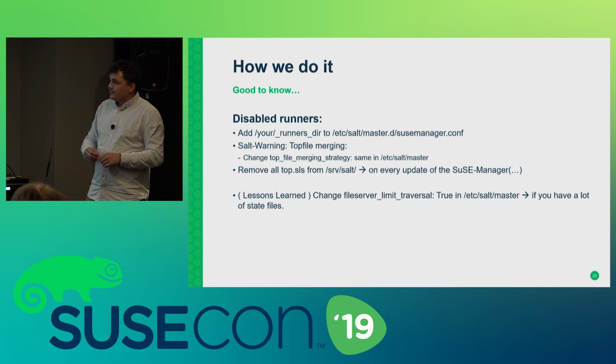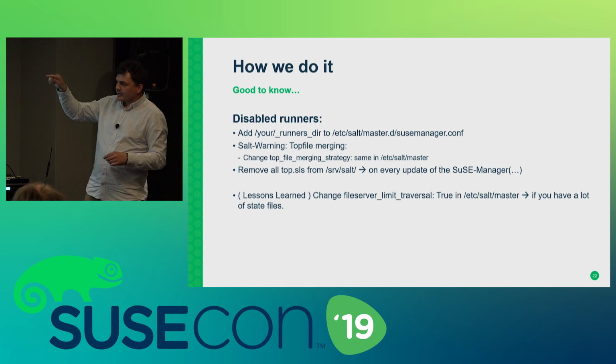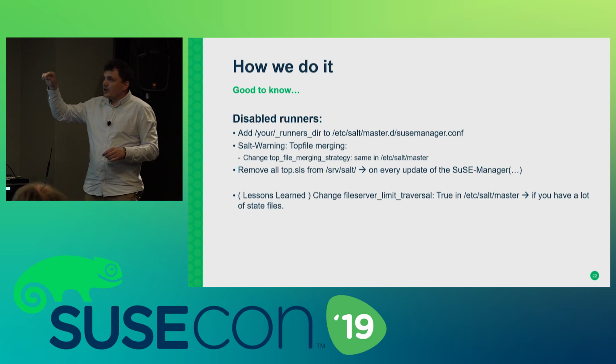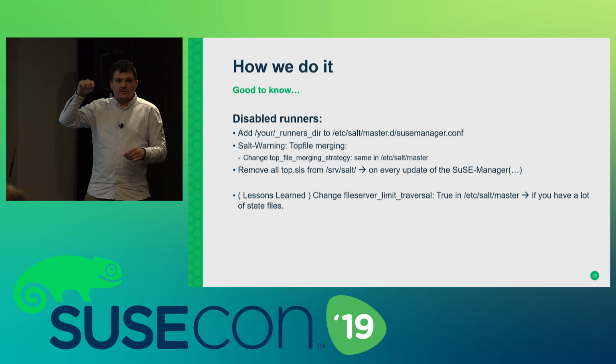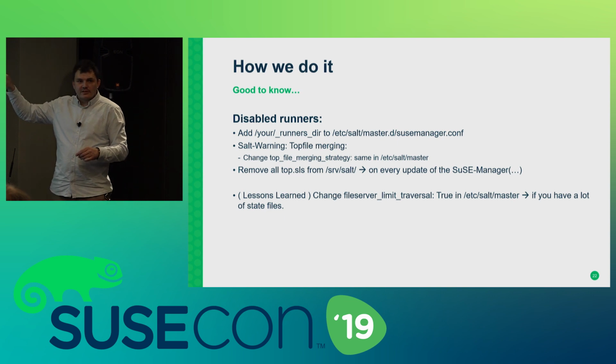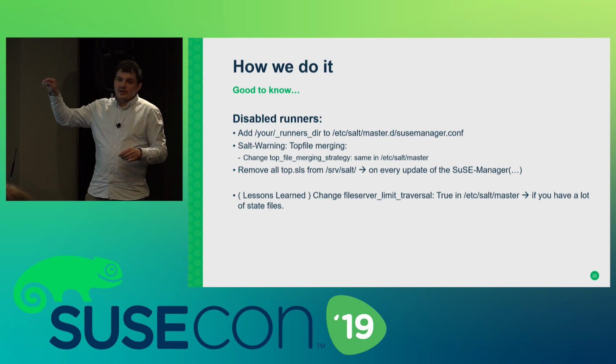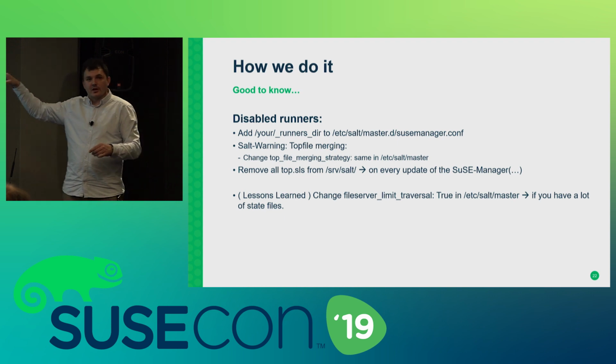And then this is something that was a problem before. I don't think it's a problem anymore. On all updates, they would create a top SLS file at SRV salt when there was none, and that ended up with your Git repos not working anymore. You had to remove that on every update.